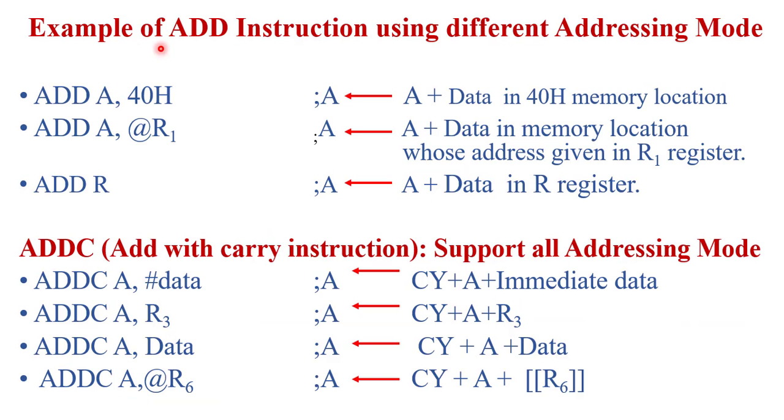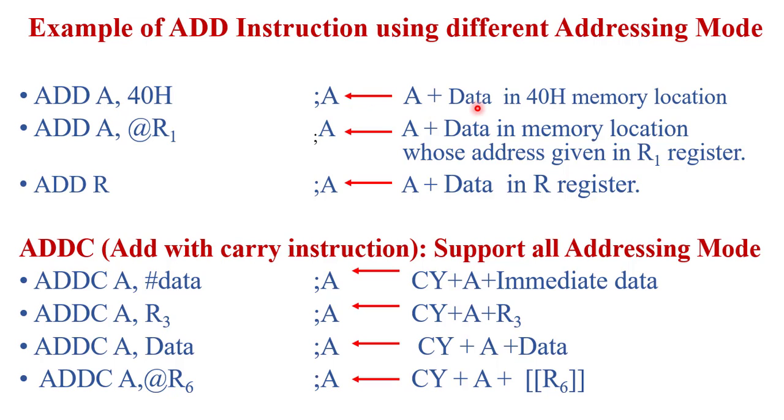Now some other examples of the ADD instruction using different addressing modes. The first instruction is ADD A, 40H. In this instruction, 40H is a particular memory location where data is stored. So this instruction tells that we add the content of the 40H memory location with the content of the accumulator register and the result is stored in the accumulator register.